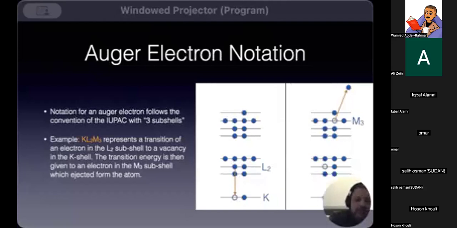When this happened, a vacancy is left in L2, but there is an excess energy. That energy is given to an electron in M3. This electron in M3 uses part of it to overcome the binding energy, and is left with a kinetic energy.